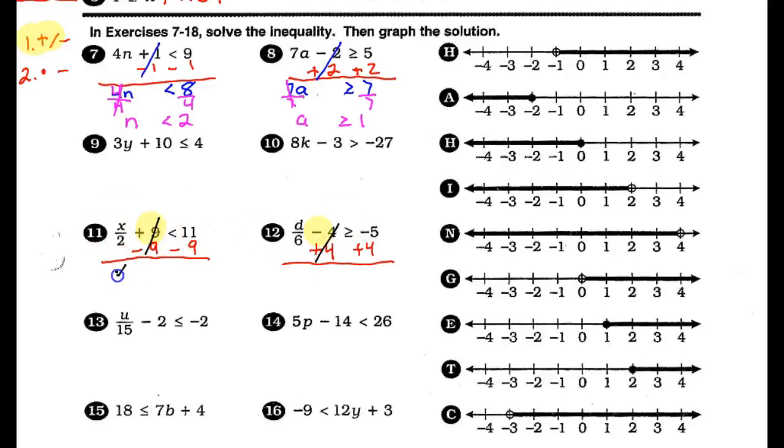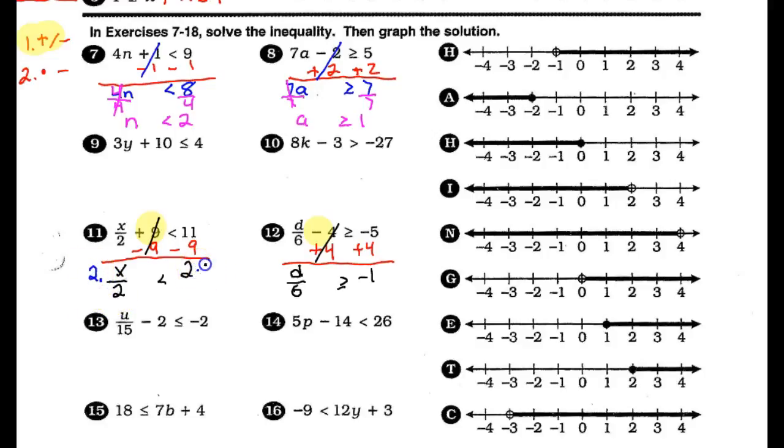You're left with what divided by 2, right, is less than 2 on number 11. And number 12, we get what divided by 6 is greater than or equal to -1. So the inverse of dividing by 2, if there's a 2 on the bottom, cancel out by making a 2 on the top.